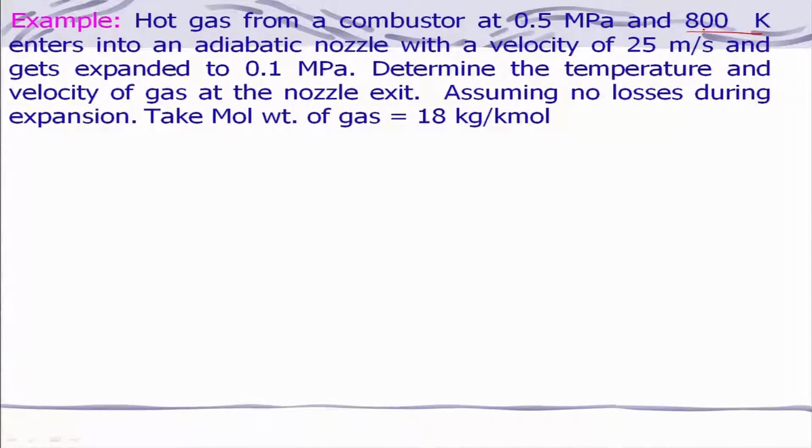Adiabatic nozzle means there is no heat transfer from the nozzle. It enters with a velocity of 25 meters per second and gets expanded to 0.1 megapascal, basically atmospheric pressure. Determine the temperature and velocity of the gas at the nozzle exit, assuming no losses during this expansion process. Of course, we can take the molecular weight of the gas as 18 kg per kilomole.